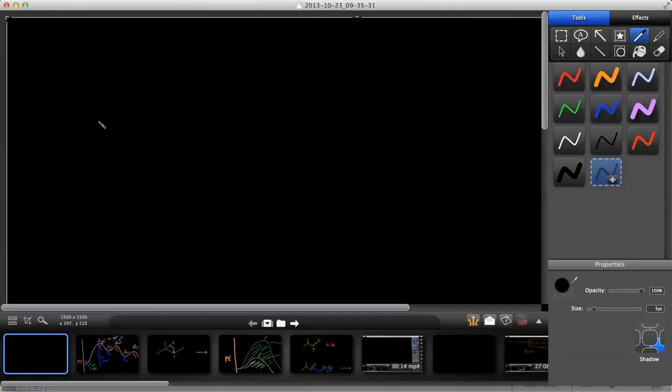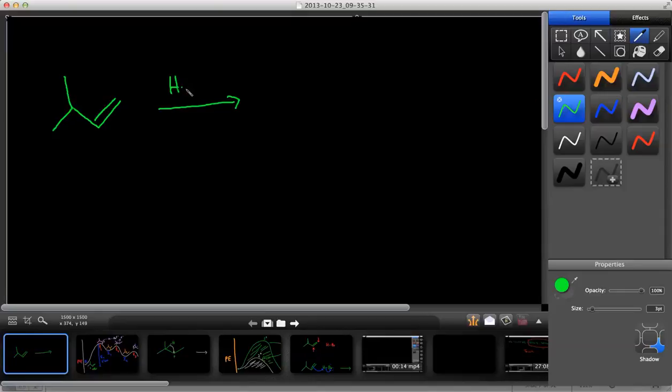All right, so let's look at a new type of electrophilic addition reaction. Now let's look at the acid catalyzed addition of water to a double bond. So our reagents will be H2O and HCl.